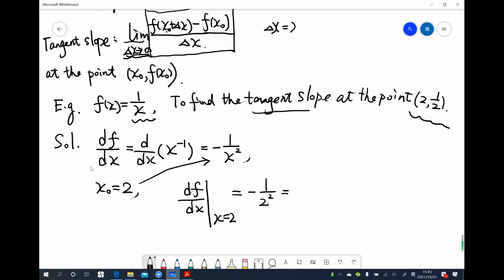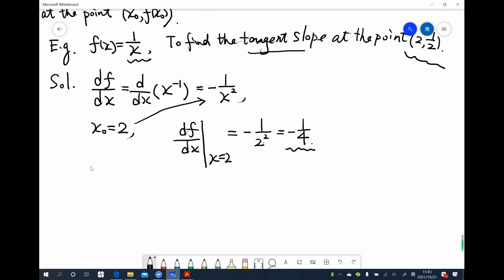So equals minus 1 by 4. That means the tangent slope at the point is minus 1 by 4. And also we can get the tangent line, the equation for the tangent line.